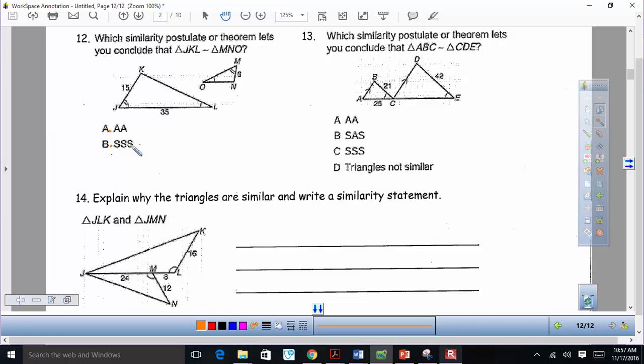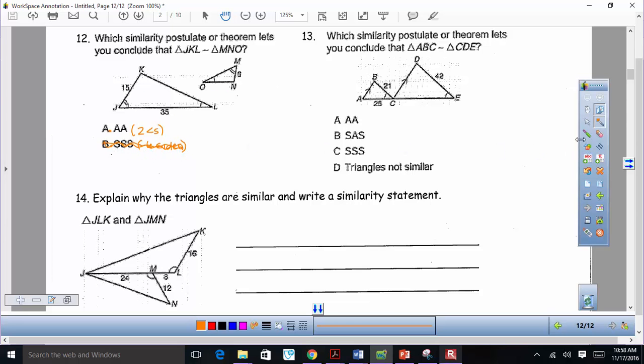So in order to do AA, what do I need? 2 angles, okay? In order to do SSS, what do I need? 3 sides. All 3 sides in both, right? So technically I need 6 sides, right? Do I have 6 sides? No, so immediately we know it can't be that one.